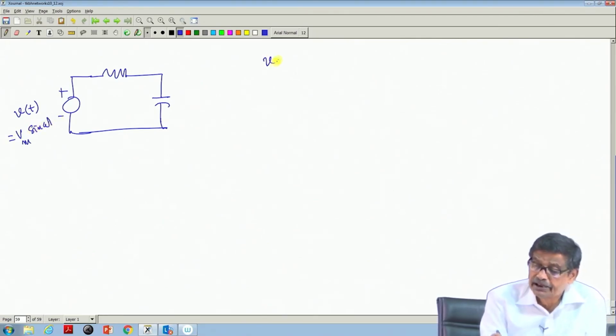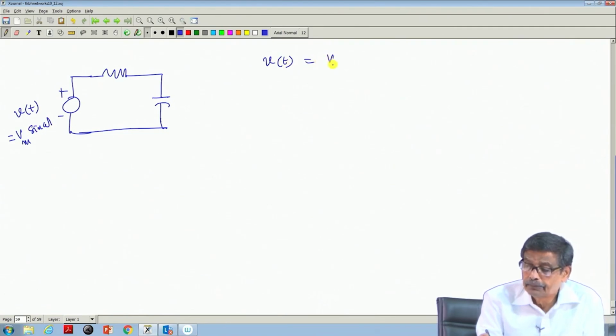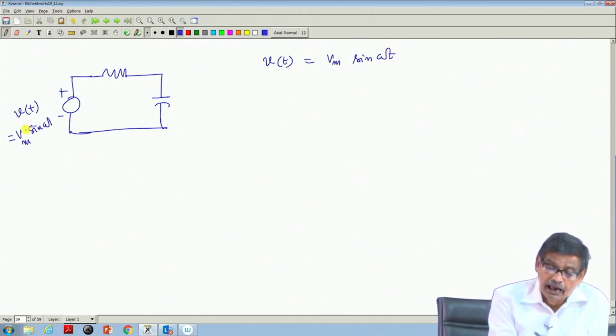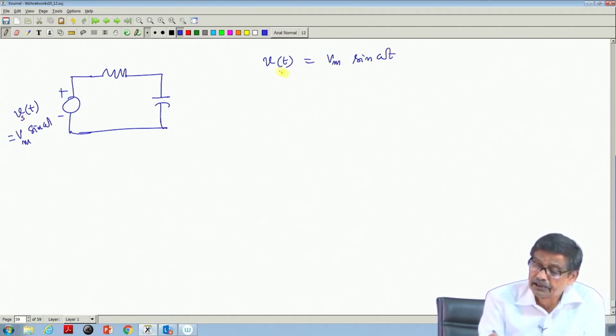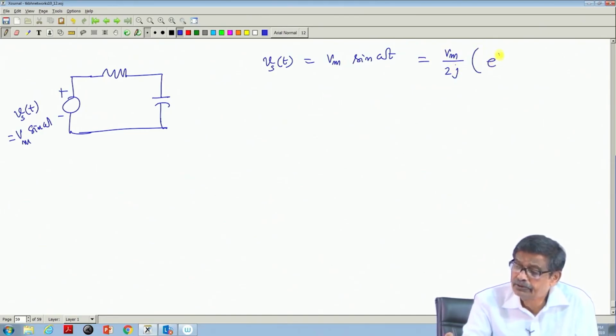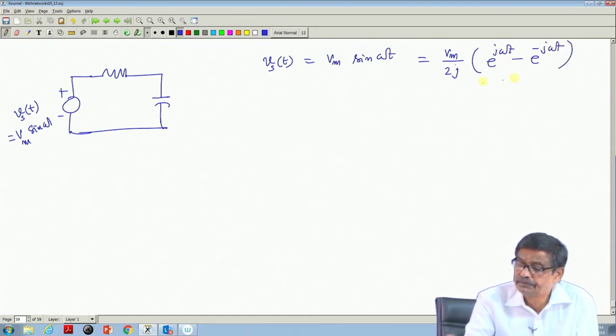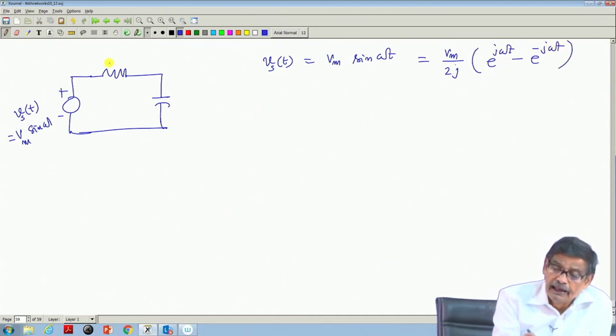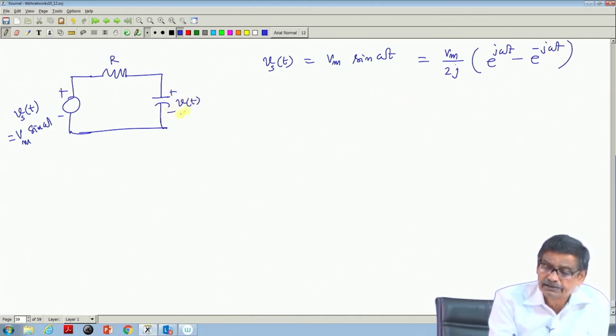So, first of all I will write V s t, the supply voltage, as you are applying a sinusoidal voltage sin omega t. I will write it as V m by 2 j times e to the power j omega t minus e to the power minus j omega t. This is my input voltage. And what is the current in the circuit in terms of the capacitor voltage? This is V t. So, the current in this circuit I t is equal to C dV dt.